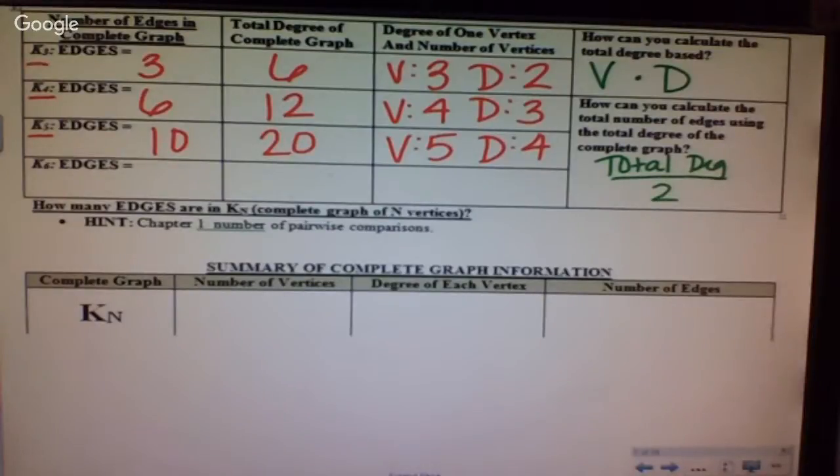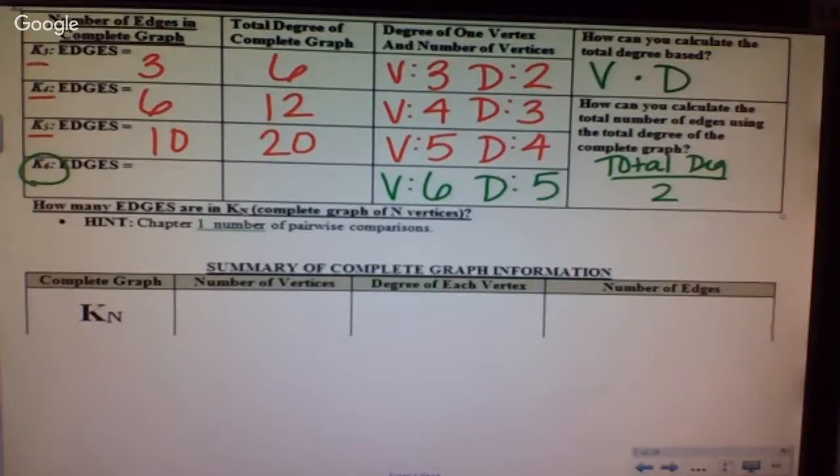Okay. So let's take a look at this last one then. I've got K sub 6. So that tells me how many vertices: 6. The degree is 5. 6 vertices, 5 degrees, which means, Timothy, how many total degrees do I have? 30.